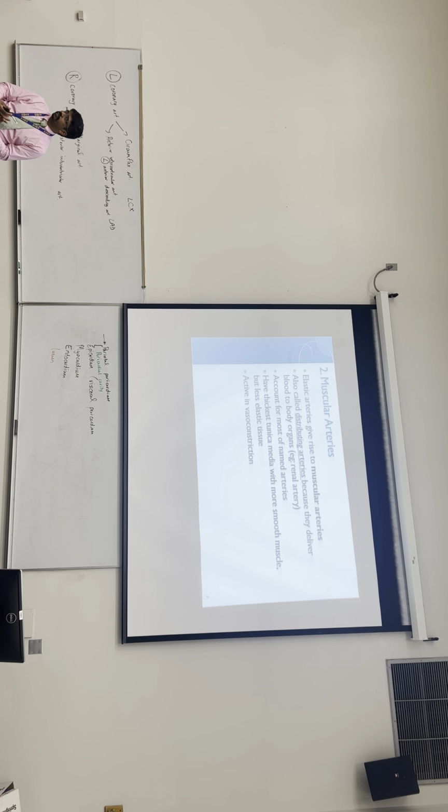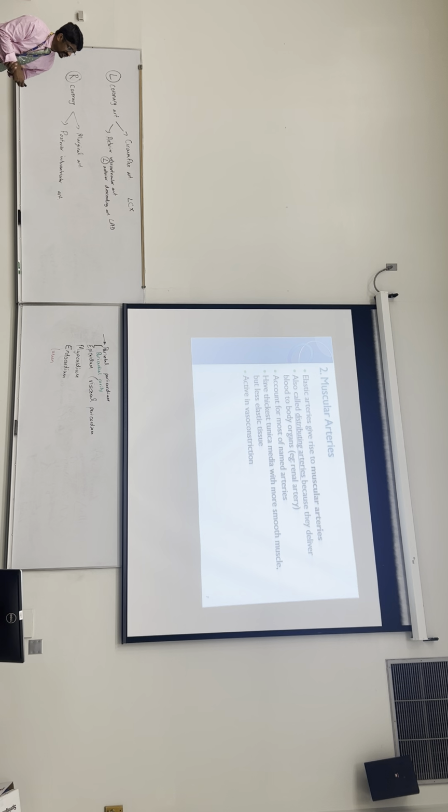Where will blood supply increase? So it's not decrease to everything. It will increase to the brain, cardiac, heart, and to skeletal muscles. Why? What is our sympathetic nervous system also referred to as? Fight or flight. So those are the organs we need for those purposes, right?